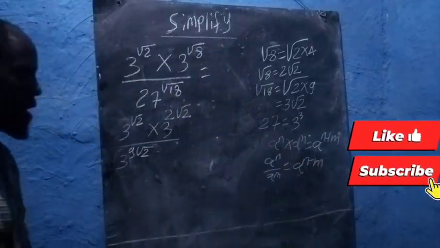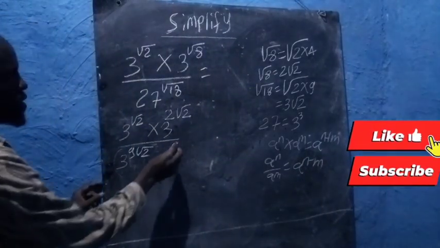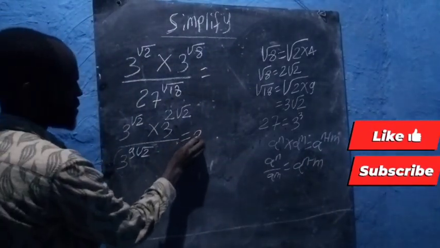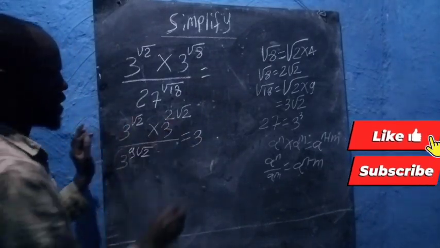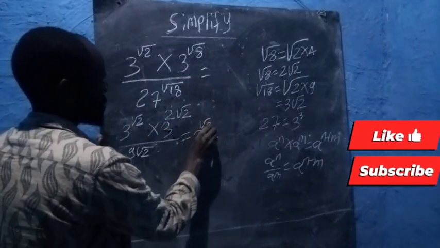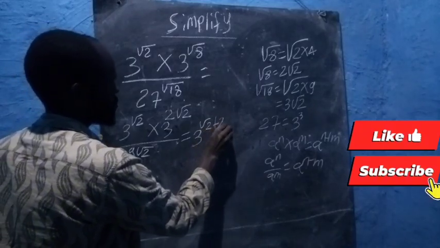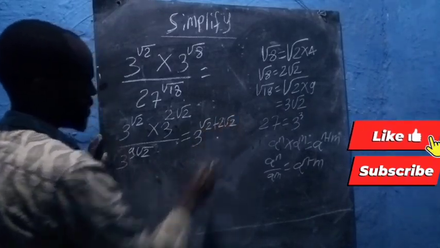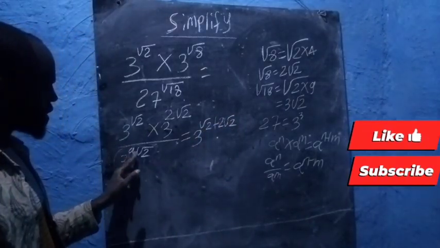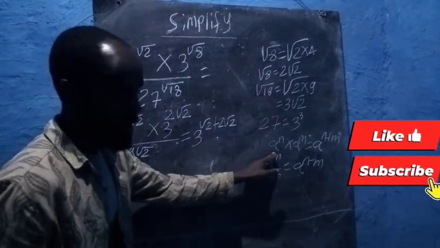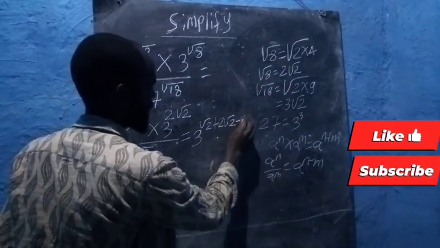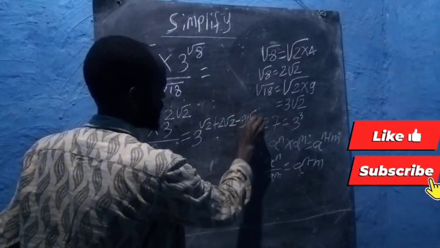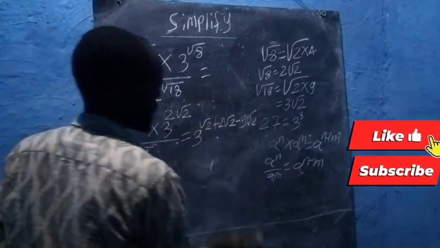So this is equal to 3 to the power of radical 2 plus 2 radical 2. Here 3 to the power of 9 radical 2 is in the form a to the power of n over a to the power of m, so minus 9 radical 2.